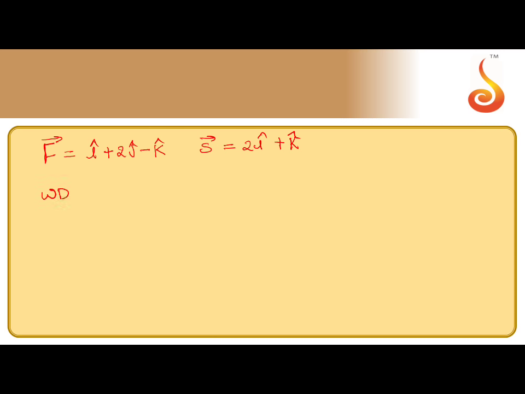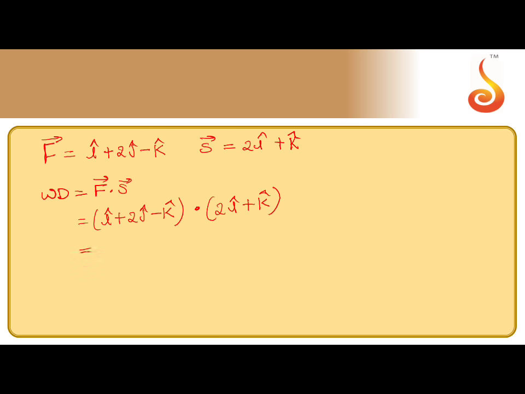Now the work done is given by F dot S, that is equal to i plus 2j minus k dot 2i plus k.